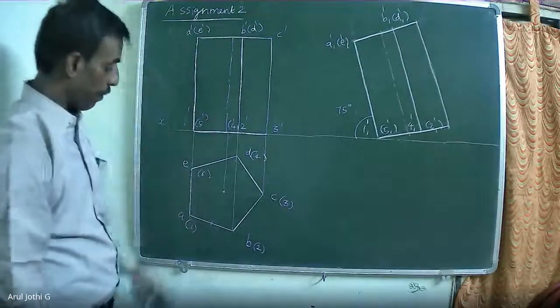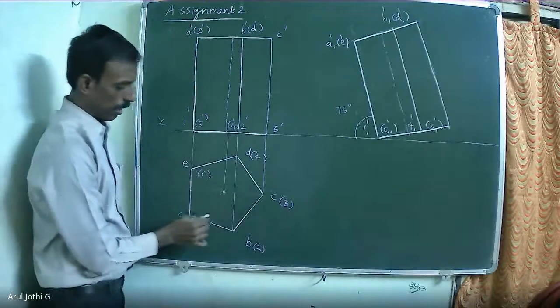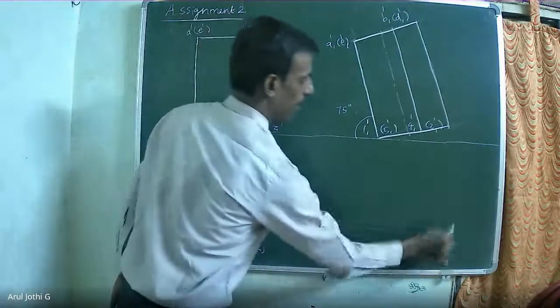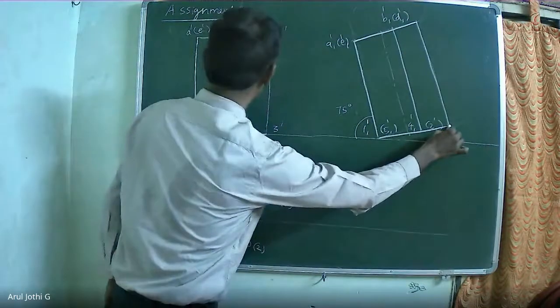Now through the top view, you draw the projector lines. This will be the maximum point.